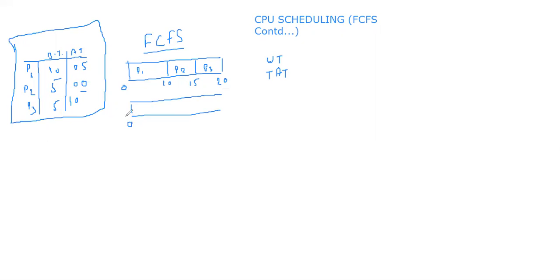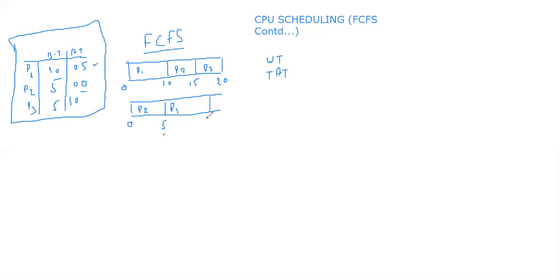It arrived at time 0, so P2 will get executed to its fullest, that is 5 units of time. Once P2 is completed, is there any process which has arrived? Yes, there is one process, P1, which has arrived.